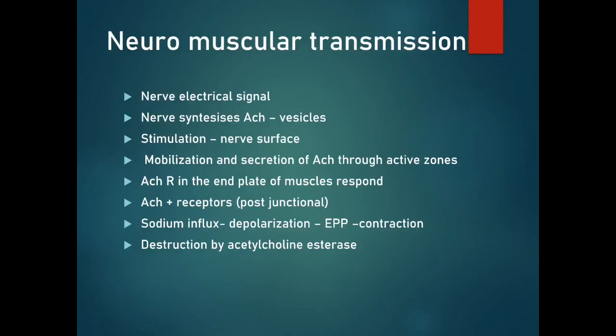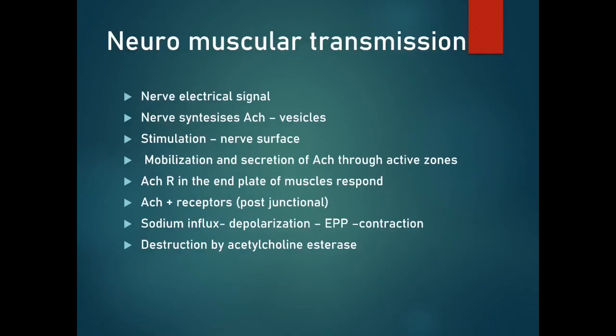So what happens when you want to have a purposeful act? There is a nerve electrical signal which reaches onto the surface of the muscle fiber. They synthesize the acetylcholine molecules which are stored as vesicles at the end plate.